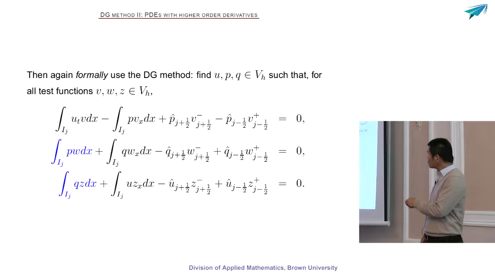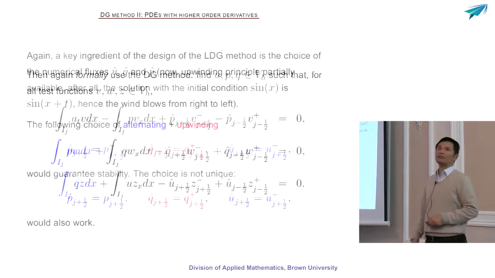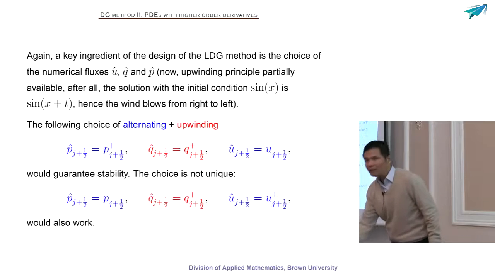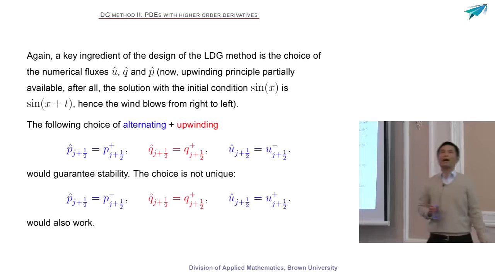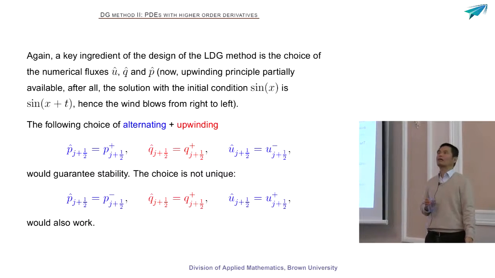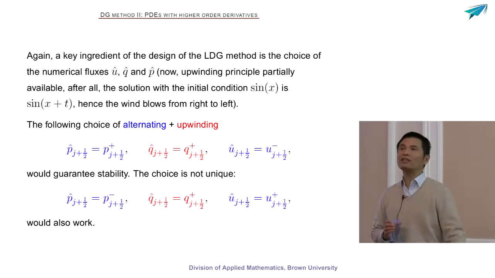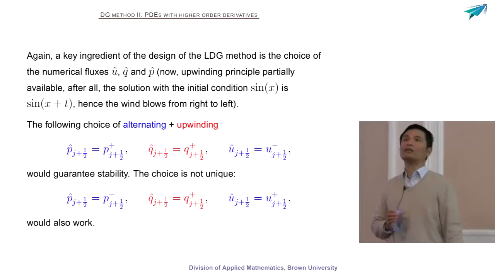However, how do you choose these numerical fluxes? Again, you need trial and error and some thinking. Let's summarize what has been done so far. For hyperbolic equations, we use upwinding to guide our choice of numerical fluxes. For the heat equation, which has no preferred wind direction, we used alternating fluxes.